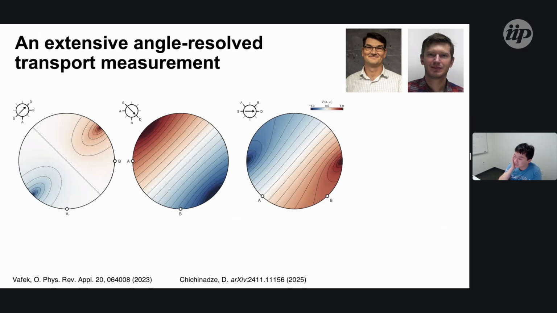What they realized is that if the transport response is described by a single conductivity matrix in the linear transport regime, then knowing the matrix, you can fully calculate the potential distribution across the disk-shaped sample as long as you know where the source and the drain are.